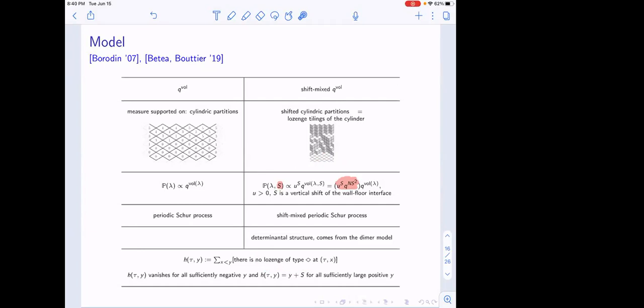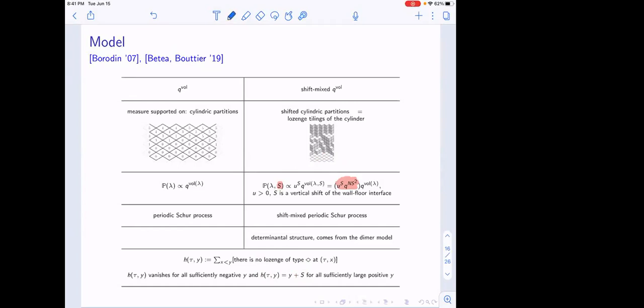And if we go far up, then the height function coincides with the y coordinate plus a shift, where note that the shift does not depend on the x coordinate, but it depends on the lozenge configuration.